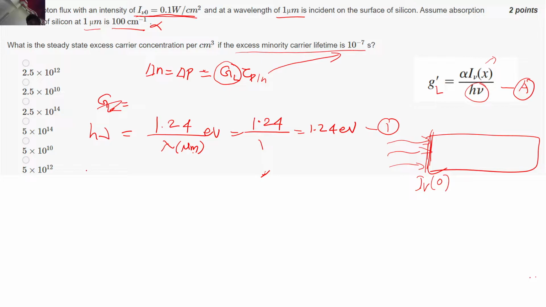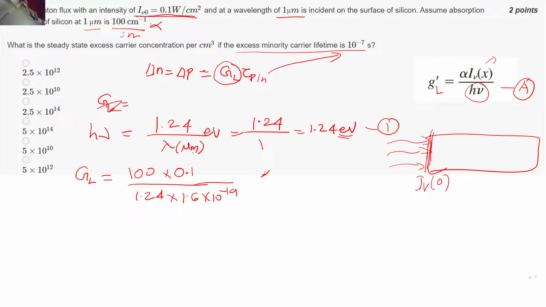Now let's calculate the value of G_L. Alpha is 100, into I_v of x, which is 0.1 watt per centimeter square. Just be careful with the units: if anywhere they have given the units in meters, by default you have to convert it into centimeters. The h nu is 1.24 eV, but this is in eV, so I have to multiply by a factor of q, 1.6 into 10 to the power minus 19.